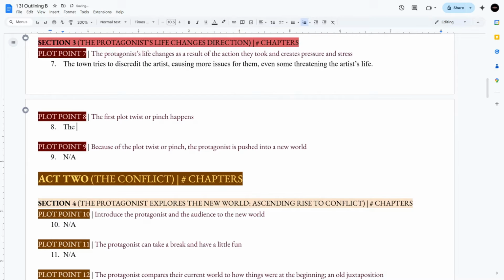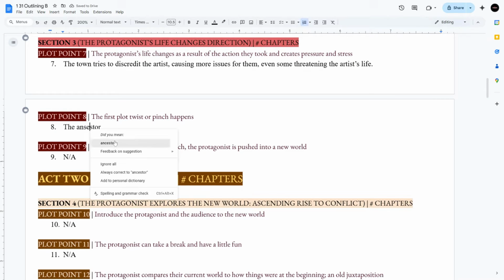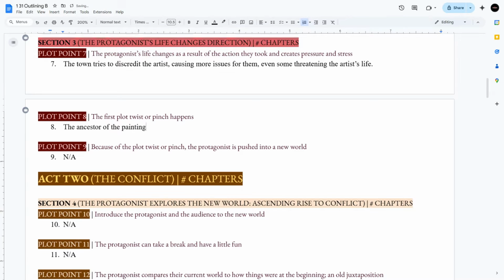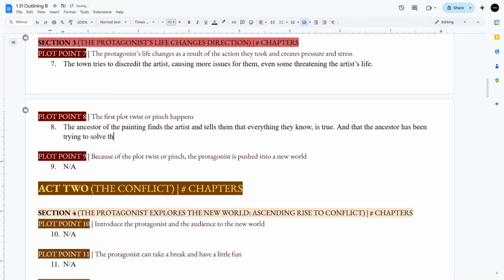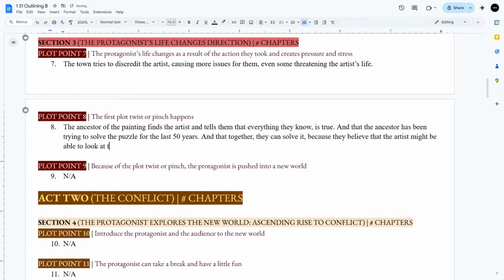The ancestor of the painting finds the artist, tells them that everything they know is true, and that the ancestor has been trying to solve the puzzle for the last 50 years, and that together they can solve it, because they believe that artists might be able to look at things with non-biased eyes.